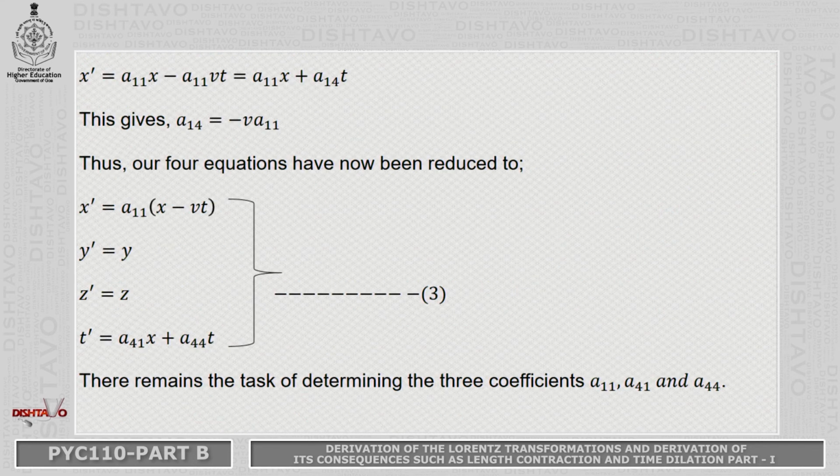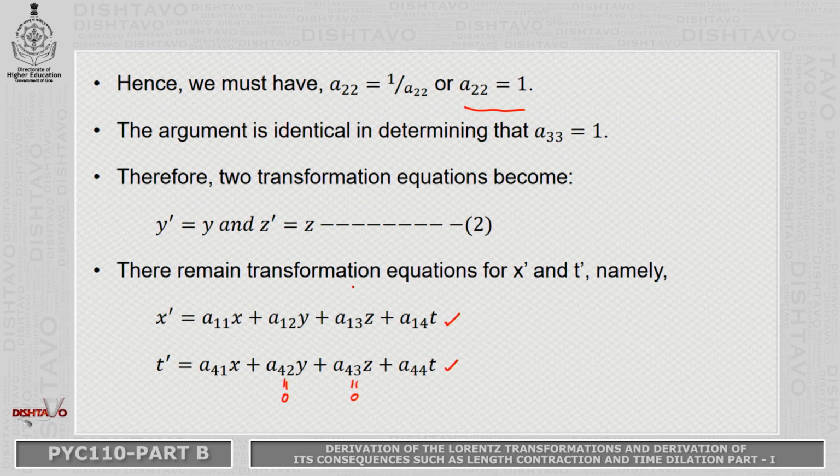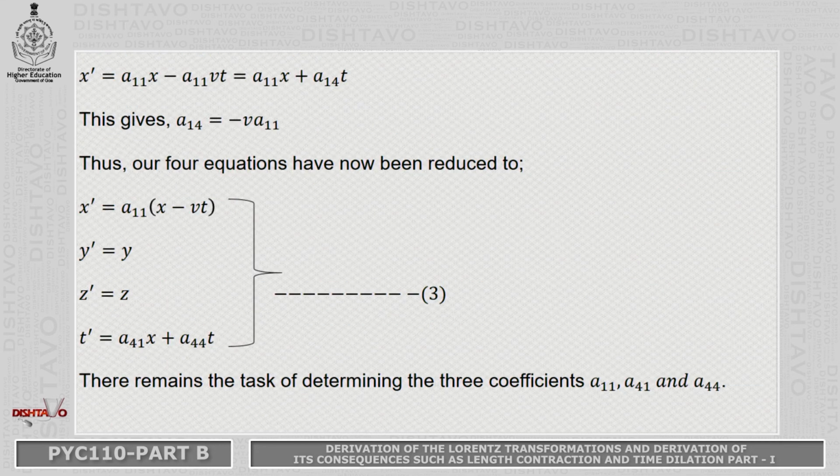So in our transformation equation, which is here, we write this x dash as, because they are independent of y and z, we also fix this to be equal to 0, this to be equal to 0, and write it as only a11x and a14t. So since we had x dash equal to a11 times x minus vt, that is also equated to our original transformation equation.